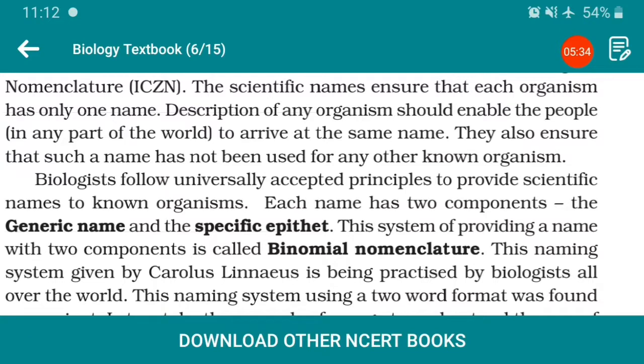This naming system was given by Carl Linnaeus. I think you have already been taught this in 9th standard, the classification of animals, in Whittaker's classification. Carl Linnaeus gave the nomenclature which is practiced by biologists all over the world.